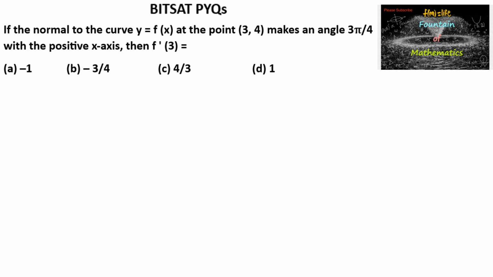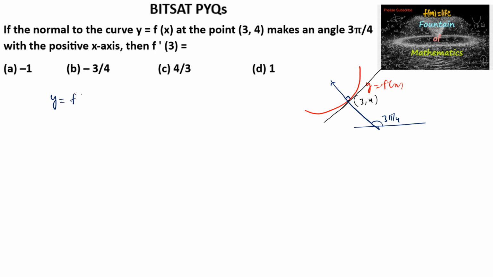If the normal to the curve y is equal to f of x at the point 3 comma 4, say this is a tangent and the normal is perpendicular to the tangent, which makes an angle 3 pi by 4 with the positive direction of x axis, then what is f dash of 3? So let's find the slope of the tangent.